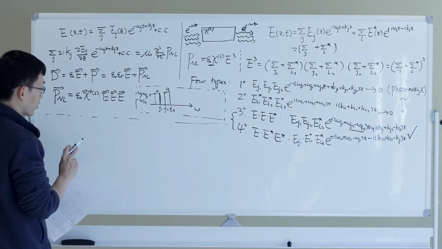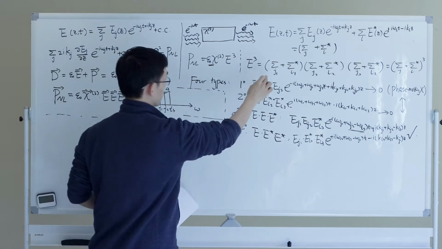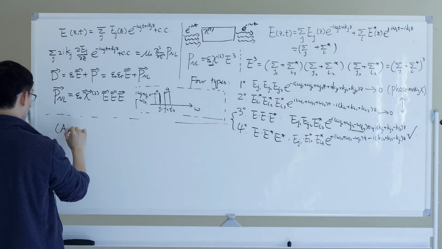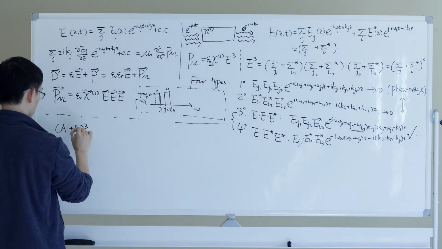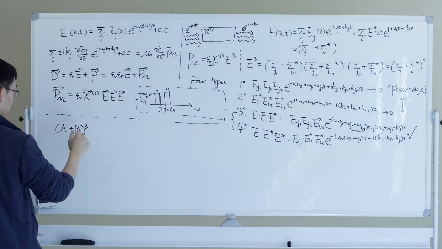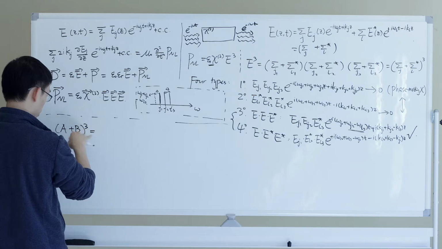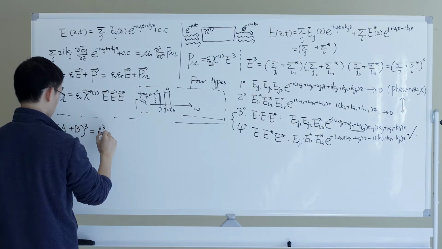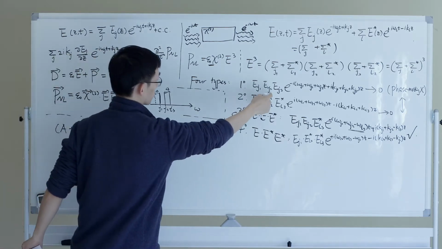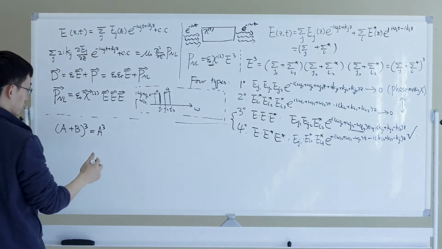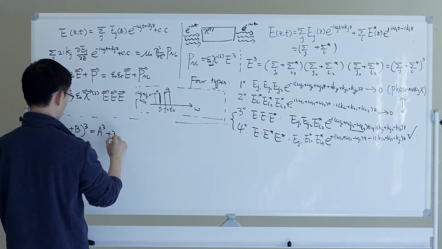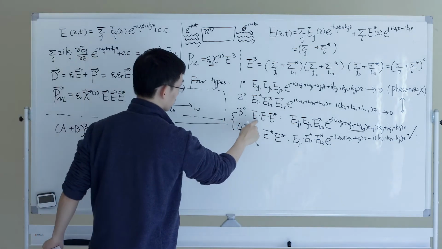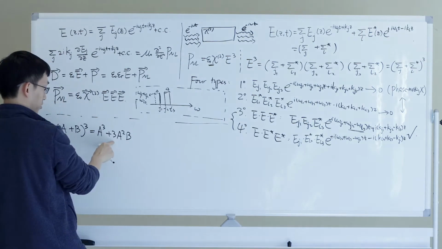A quick way to look at it is that if you say this is A, this is B, then you can have A plus B to the third. Of course this is wrong, but we can use this to understand it. So you have A to the third, which is the harmonic and sum frequency generation term, and then you have 3A squared B. This is this term here, with a factor of 3.